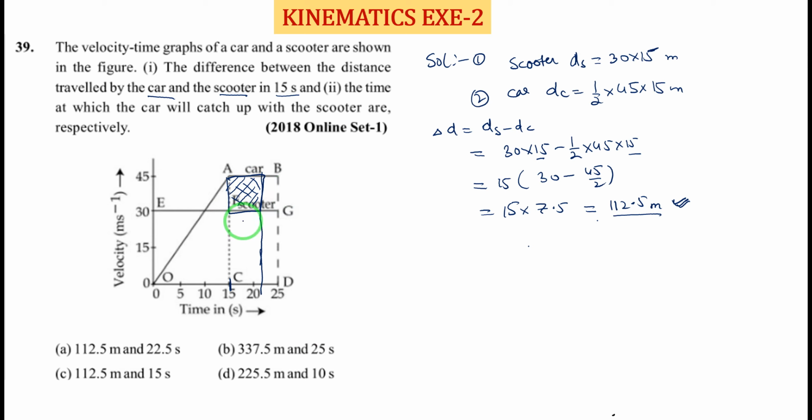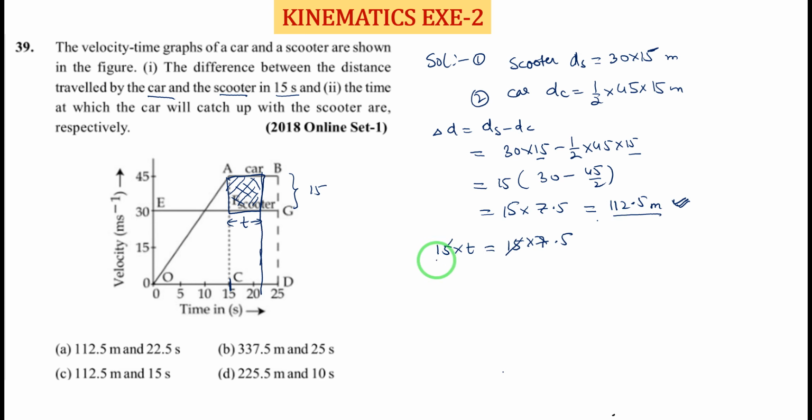So let us take this time which is after 15 seconds as t, and this height is already 15. So how much is the distance extra covered by car compared to scooter? It is 15 into t. Now this extra distance covered by car will be compensating the extra distance which scooter was leading with till 15 seconds. That is 15 into 7.5.